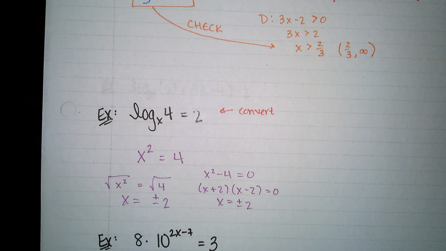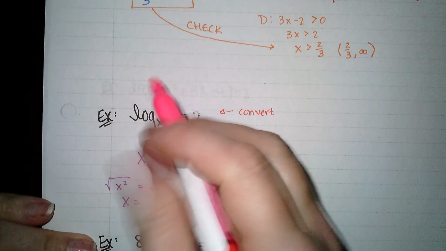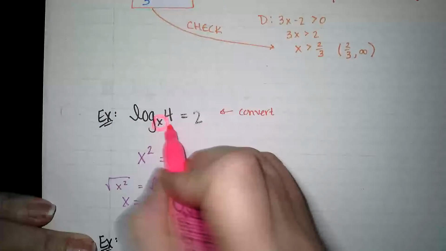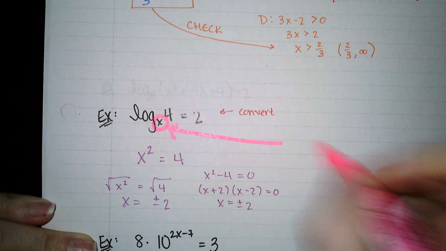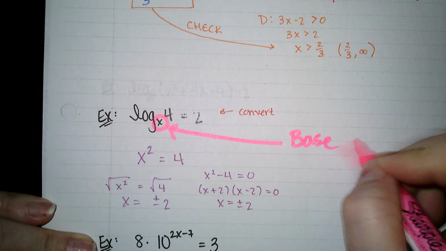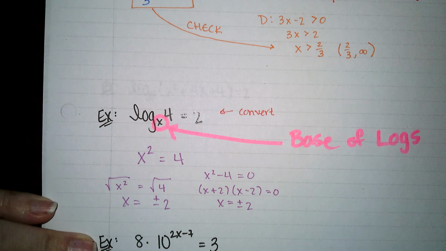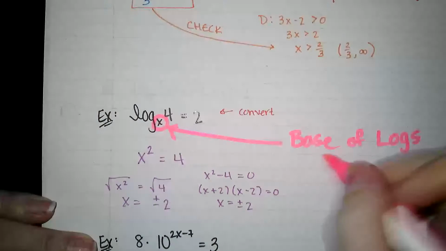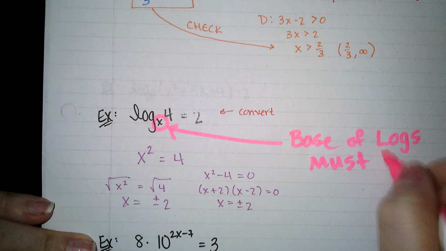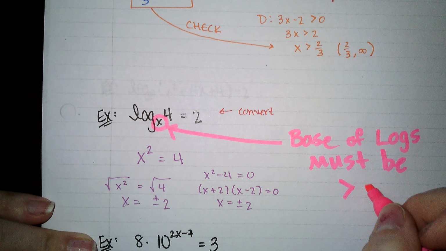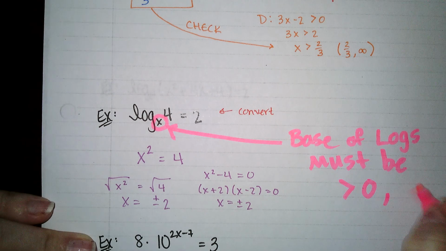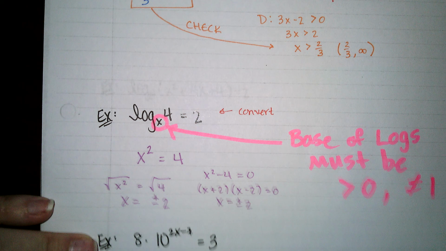But here's a thing that you probably didn't know, and that is that the base of a logarithm has some restrictions. The base of logs must be greater than 0 and also not equal to 1.